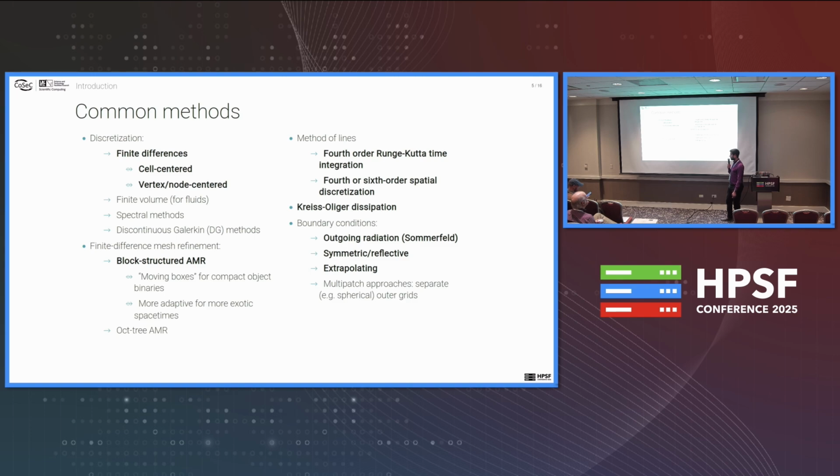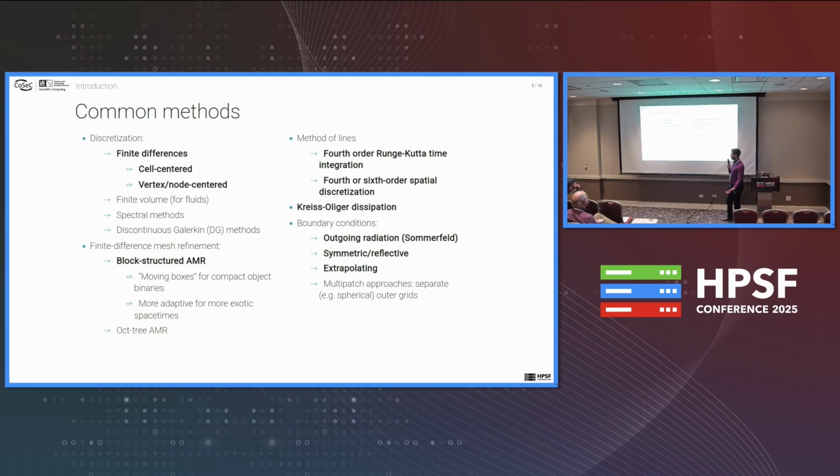Spectral methods are very common, and they tend to get higher accuracy, if being a lot more of a pain to deal with. And then discontinuous Galerkin methods, which I know very little about, are becoming more common as well. Within finite difference mesh refinement, block-structured adaptive mesh refinement like AMReX is not the only method. There are also other frameworks that use octree adaptive mesh refinement.